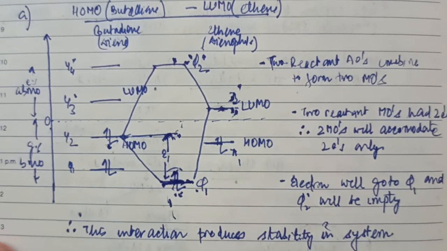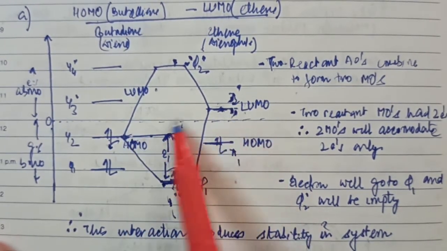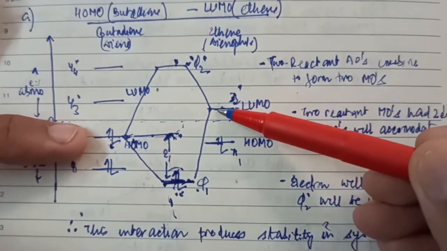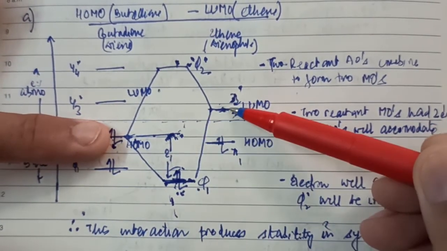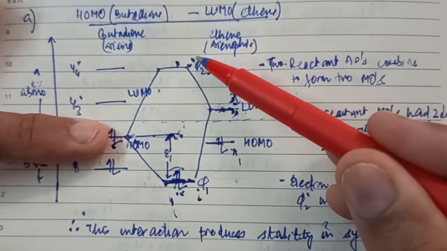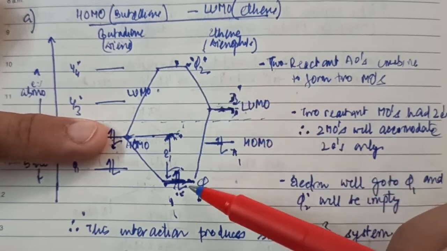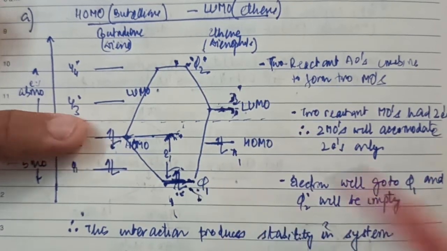Therefore, if the energy gap between the HOMO of the diene and the LUMO of the dienophile is small, it will cause greater stabilization and greater destabilization. Since destabilization cannot happen because electrons are not there, there will be a greater stabilization.